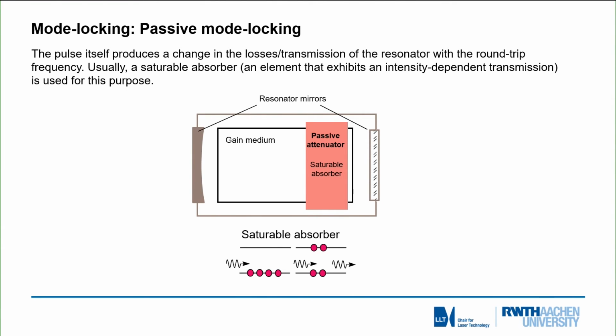And the real nice thing about the passive modulation is that now we get an automatic modulation with the frequency of the round-trip time, because automatically whenever the peak power pulse appears at the attenuator, it opens up because intensity is above the threshold, and then all other stimulated or spontaneous emissions will be absorbed and thus not cultivated for oscillating in the resonator.